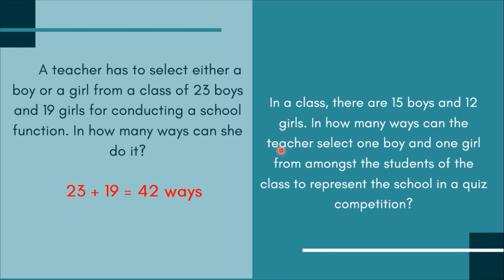Kasi the teacher will select one boy and one girl. So, ang gagawin natin is we apply the multiplication rule. So, we multiply the number of ways or number of choices ng pagpili ng boys, we have 15, and the number of ways ng pagpili ng girls, and that is 12. So, 15 times 12 is equal to 180 ways.